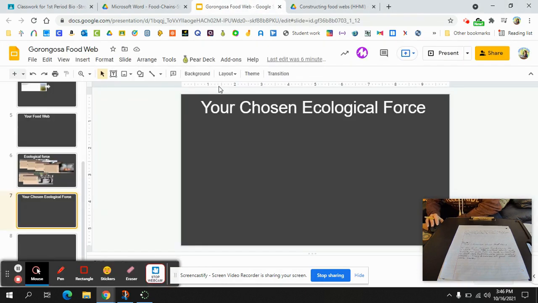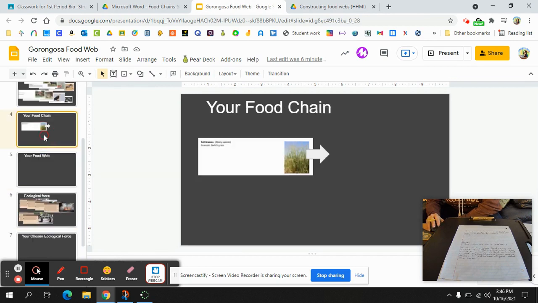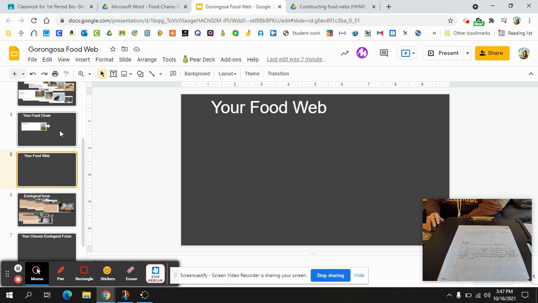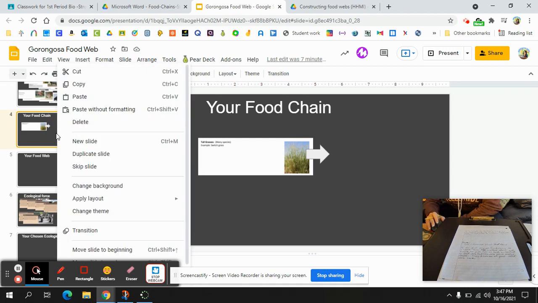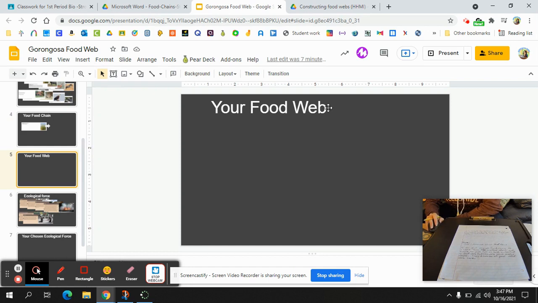So if you go back to your Grongosa Food Web that you created, food chain, you can copy and paste all of your food chain down into your food web, or you can just, with 2 fingers, click on your slide and you can duplicate the slide, and then you get rid of the slide that we have here with your food web posted at the top.